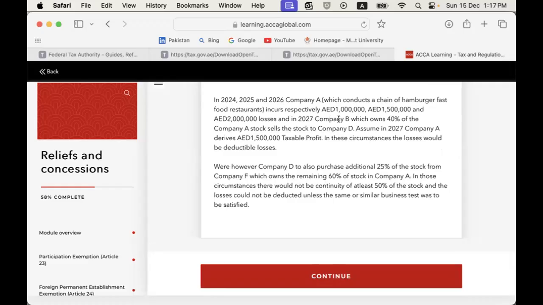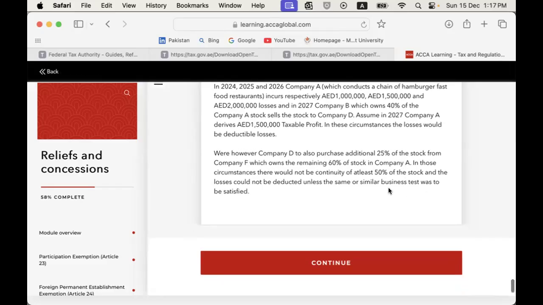Now this company was acquired by Company B, which was already owning 40% of the stock of Company A, but there's another 25% of the stock from Company F, which owns 60% stock of Company A. So it is an indirect ownership into Company A. So previous shareholding was only 40%. Now there is another indirect ownership.